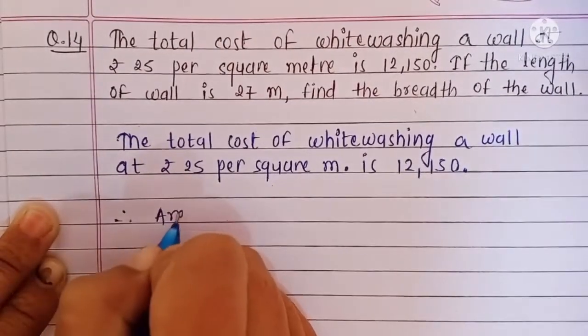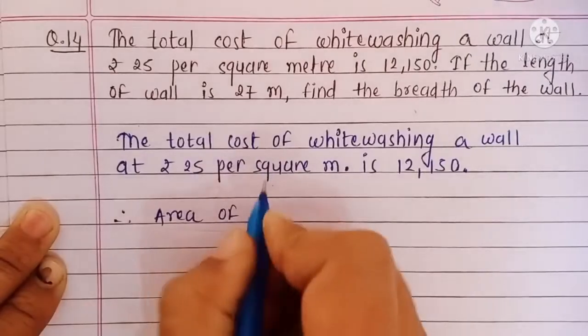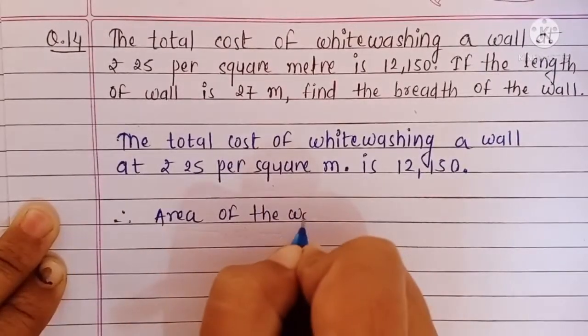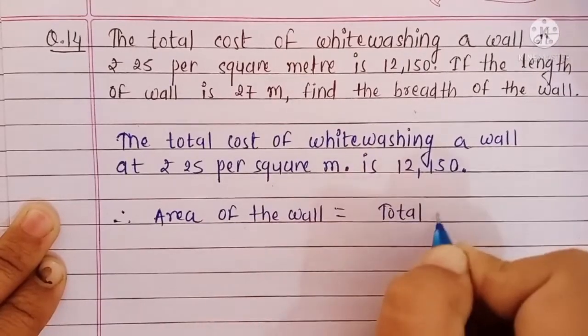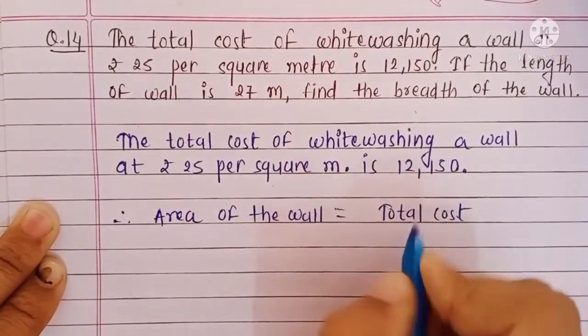Therefore, area of the wall is equal to total cost upon rate square meter.